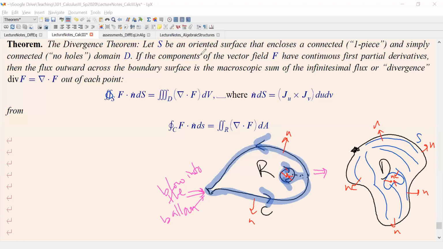So it's a closed surface integral, an integral over the entire surface of this field that has continuous first partials. Again, if there are places where the partials are not continuous or they don't exist, we have to create little bubbles, like over here. And then it's dotted with n, the normal vector. That's what we have over on this right-hand side.